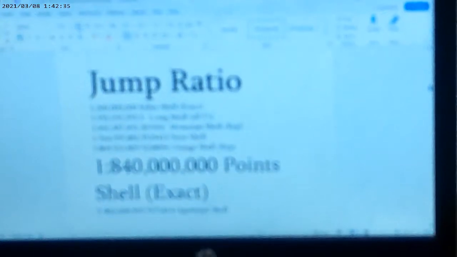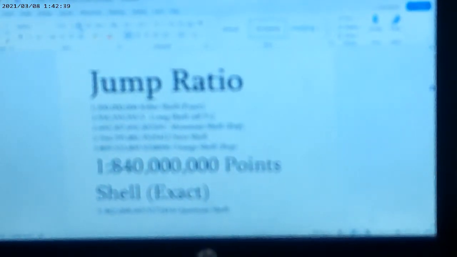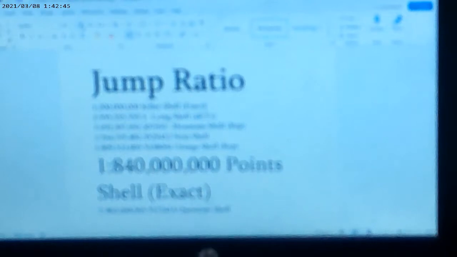The ratio is 1 to 840 million in the point shell. There are 2 of them where the ratio is exact, and there are 2 of them where the information repeats.